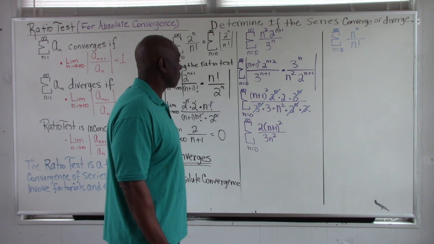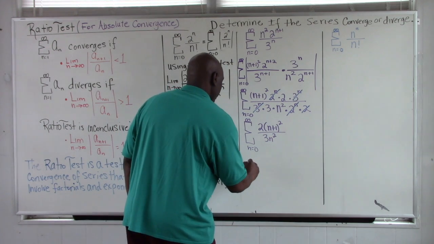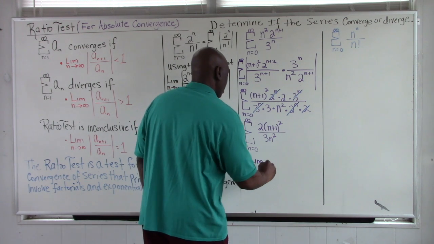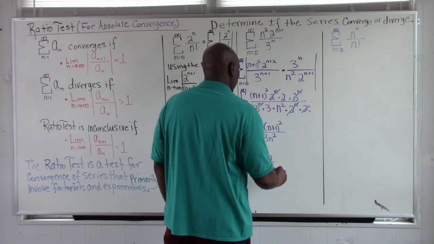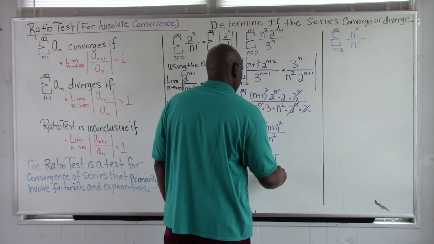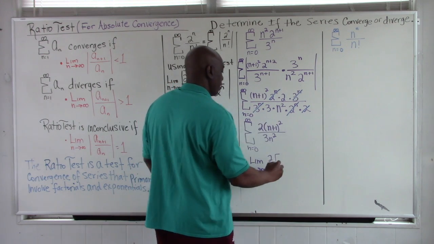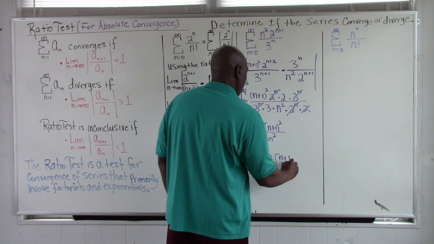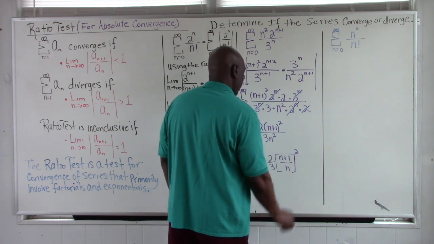All right, let's look at our limit. So we have the limit as n goes to infinity of 2/3. Now let's write n plus 1 squared over n squared as n plus 1 over n quantity squared.